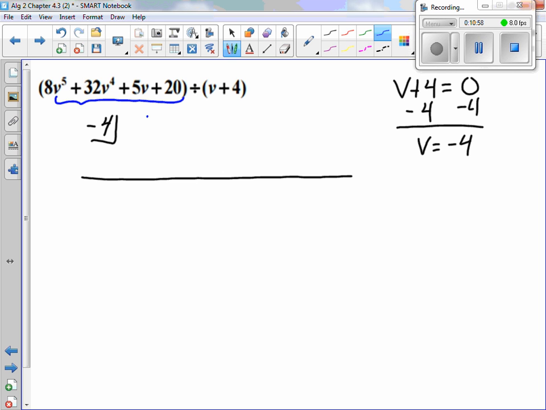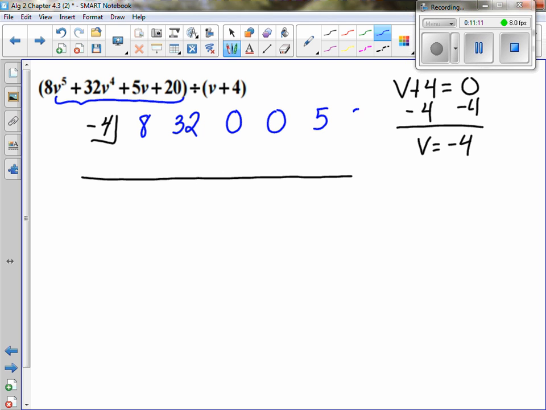So I could say 8 is our first one. 32 goes with v to the fourth. What goes with v to the third? 0. v squared would be 0. 5 and 20. Exactly. If there is not a term there, we fill it in with 0. We need that spot. We need that place.